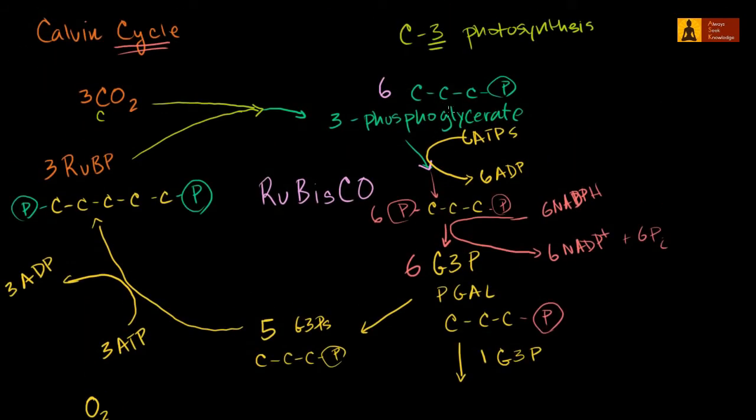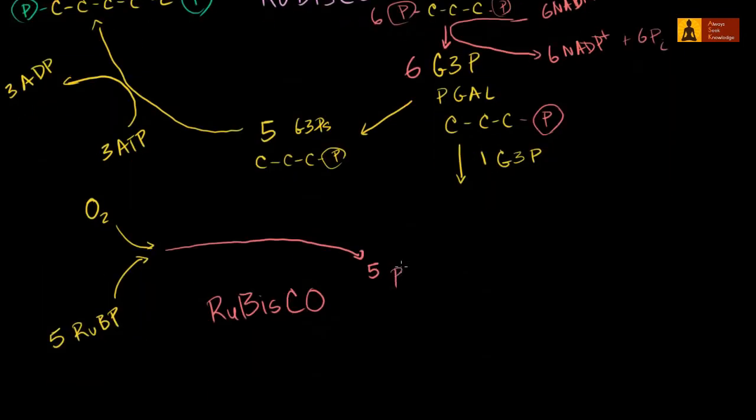Remember, here we ended up with 6 of them, but now we're only going to end up with 5 phosphoglycerates. And I know the names are all very confusing, but the basic idea is to remember that carbon dioxide isn't getting fixed. Oxygen can get fixed. And you end up with 5 phosphoglycerates, and you also end up with 5 phosphoglycolate, which is a 2-carbon molecule, which makes sense because we only have 5 carbons to start with. I know these are very daunting names.